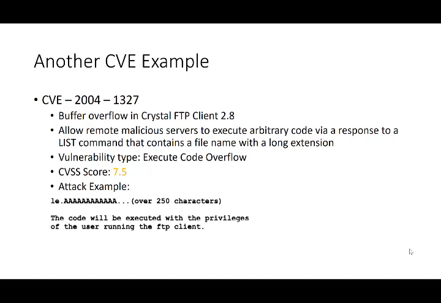This vulnerability allows attackers to execute arbitrary code through the response to a list command that contains a file name with a long extension. Basically, as the picture found in their bug fixing documentation shows below, the attackers can take over user privilege to run the FTP client side just by typing too many A's, and the code will take over the privilege from the users. The severity score of this is 7.5.